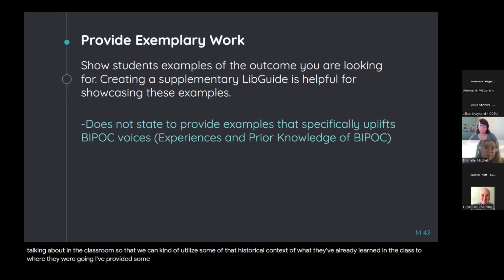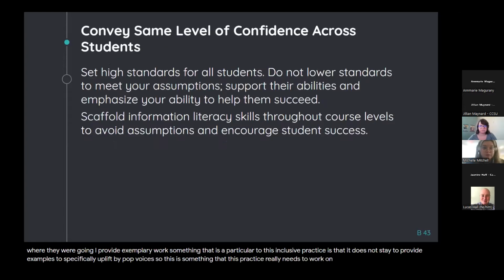Provide exemplary work. Something that is a critique to this inclusive practice is that it does not state to provide examples to specifically uplift BIPOC voices. So this is something that this practice really needs to work on.